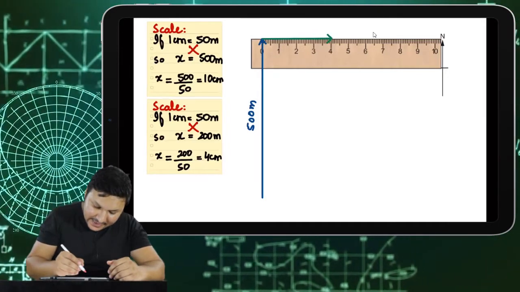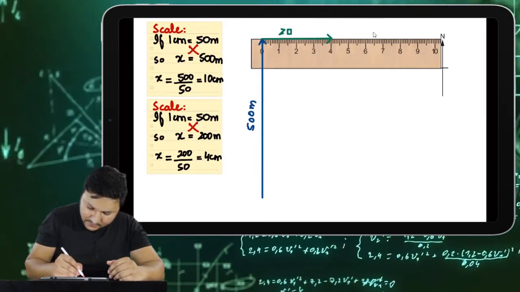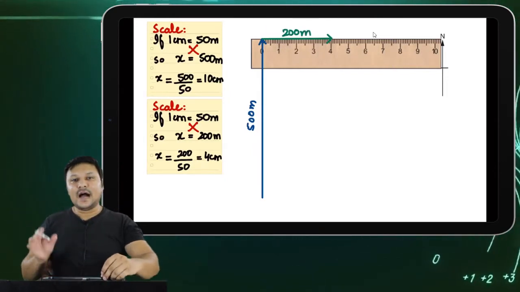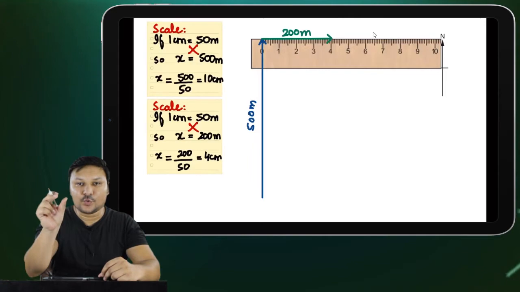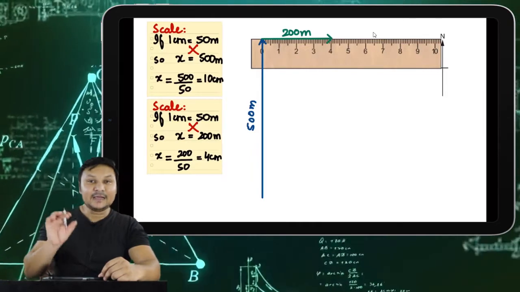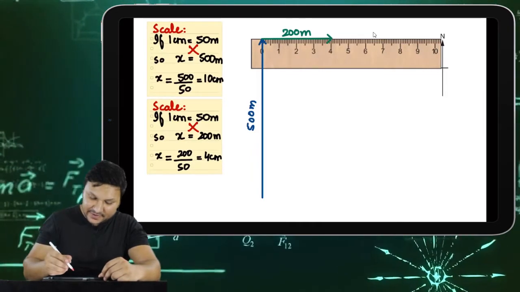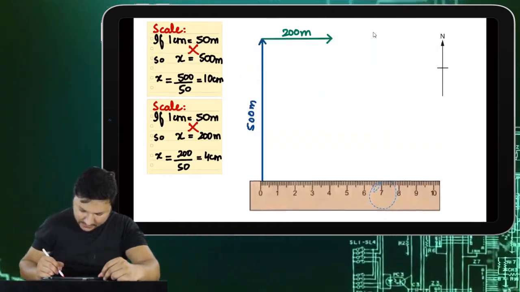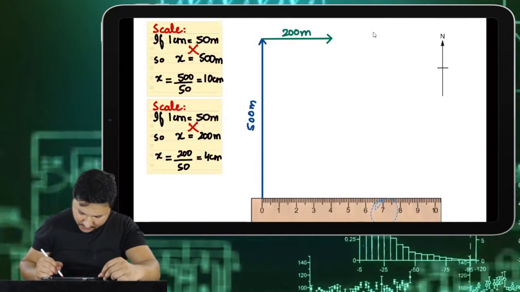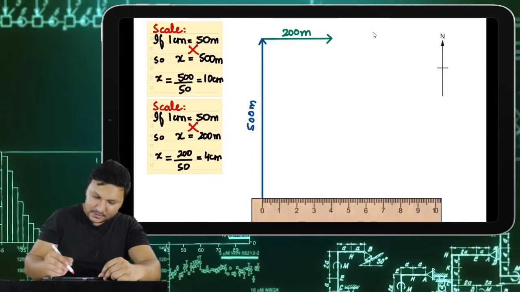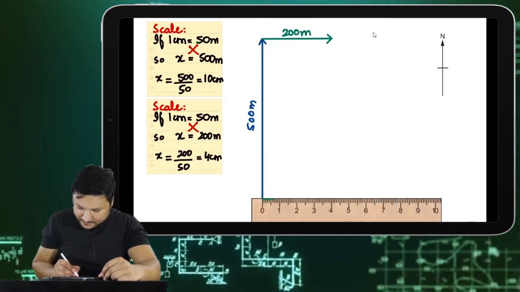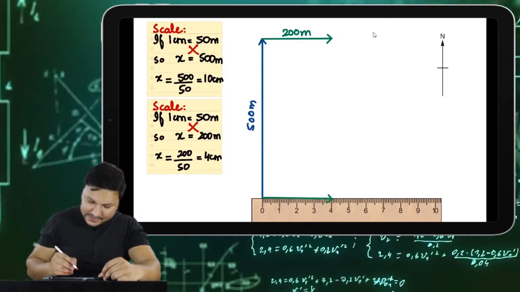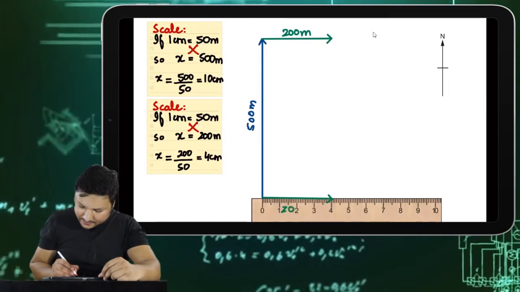I will label the vector as 200 meters. Now, I will draw the parallel vector of 200 meters at the tail of 500 meters, like this. Again, arrowhead and labeling.